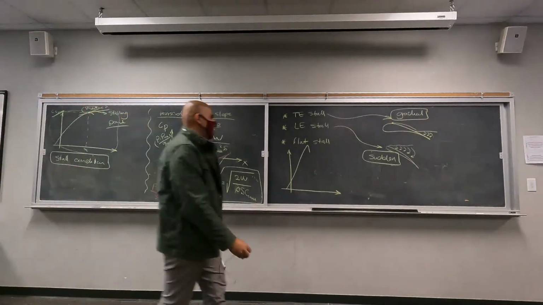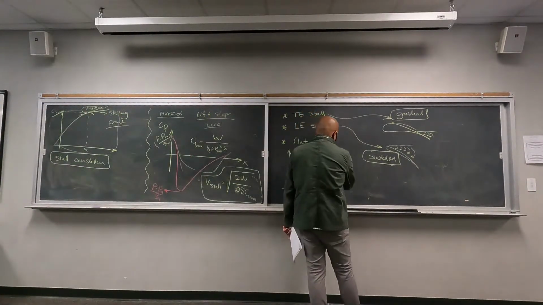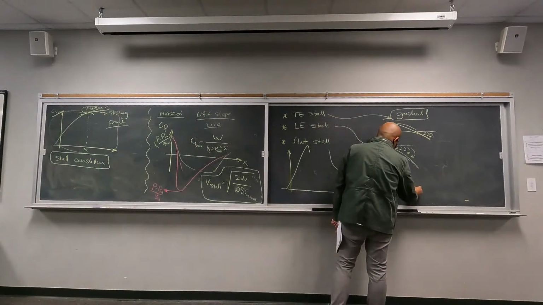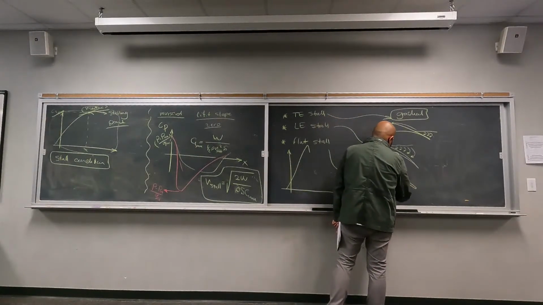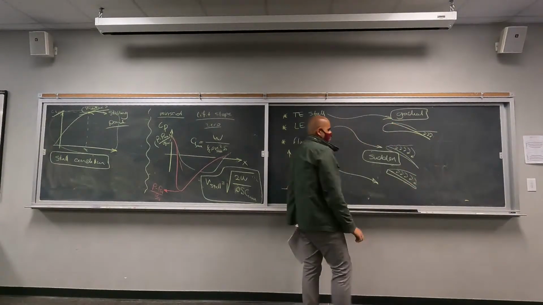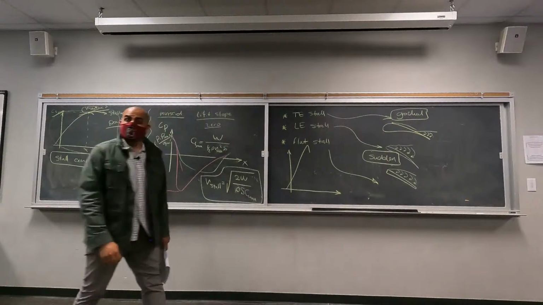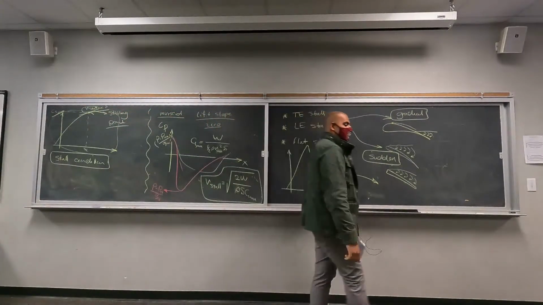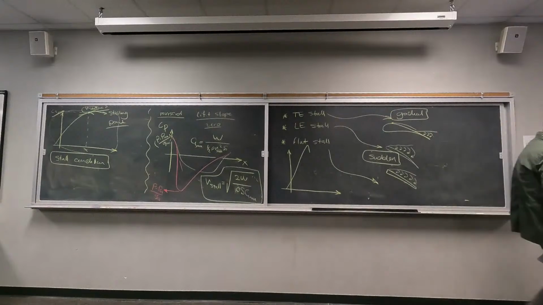Okay. What is a flat plate stall? Flat plate stall is a stall that happens on a flat plate, on very thin airfoils. It usually looks like the leading edge stall in general, but it stalls earlier compared to the leading edge stall. And also, in general, flat plates will give you smaller lift coefficients.